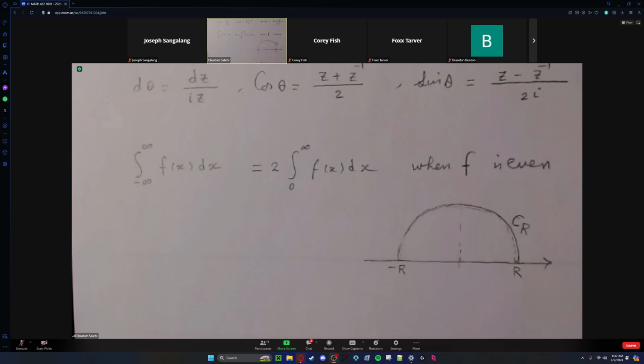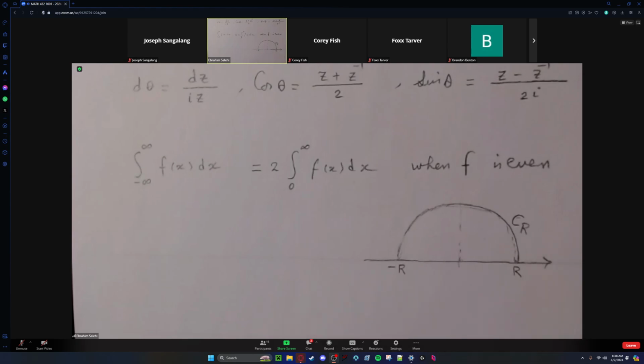And by the residue theorem, whenever you do this, the answer will be 2 pi i times the residues at the poles, at the singularities, which are inside this. And later we let R approach infinity.